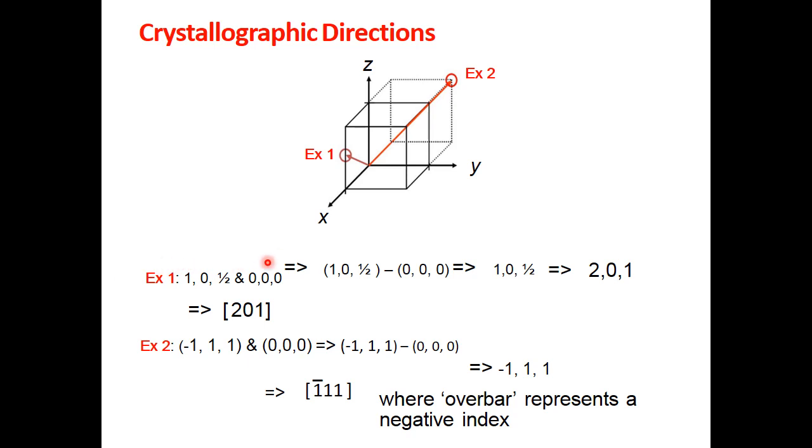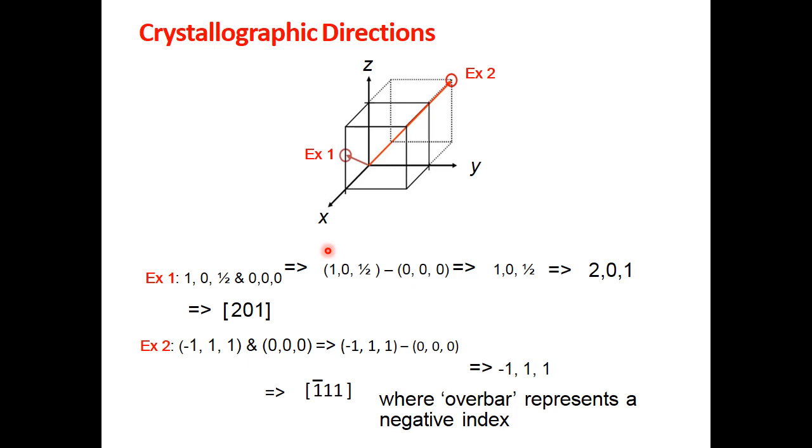And the starting point is obviously our origin, so it's easy, it will be 0, 0, 0. So according to the procedure, in order to obtain the Miller indices, first we need to subtract the tail point, that is the starting point, from the head point or end point.